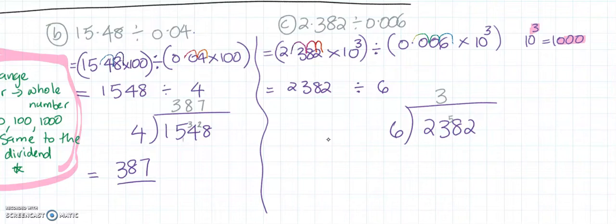How many times does 6 go into 58? 9 times, because 9 times 6 is 54, with a remainder of 4, which goes right next to the 2 to make it 42. 6 into 42, 7 times, with no remainder. So our answer to 2.382 divided by 0.006 is 397.